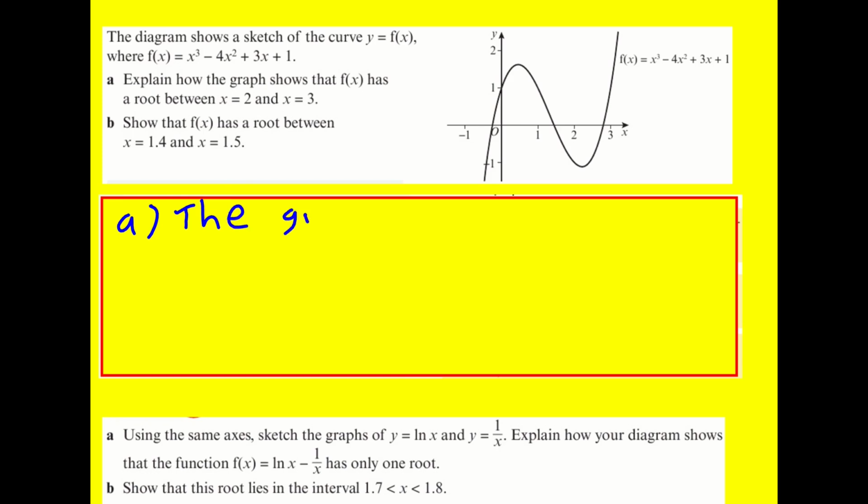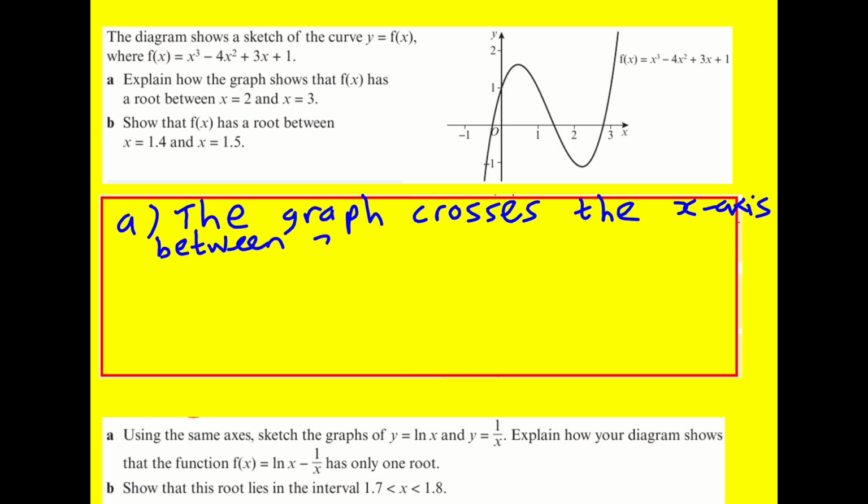So the graph crosses the x-axis between 2 and 3.